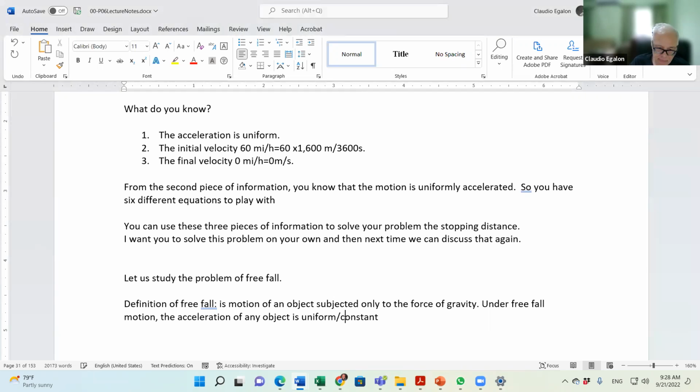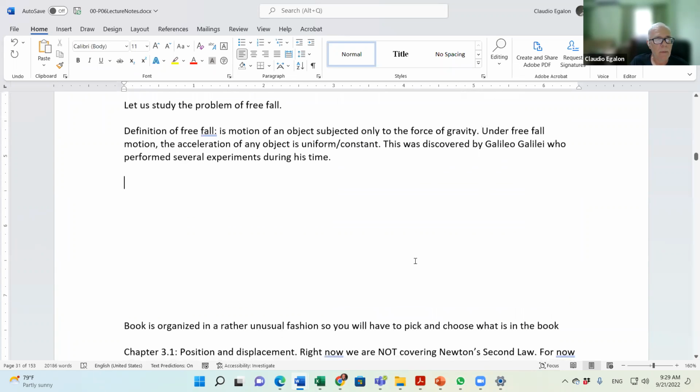Constant, okay? And this was discovered by Galileo Galilei, who performed several experiments during his time.